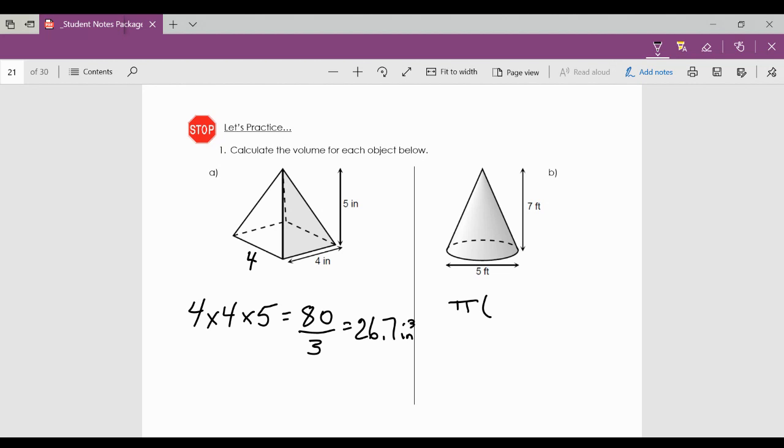Pi r squared, 2.5 squared, times the height, which is 7, and we have to divide all that by 3, as the formula for the volume of a cone. When you do all of that math, you get 45.8 feet cubed.